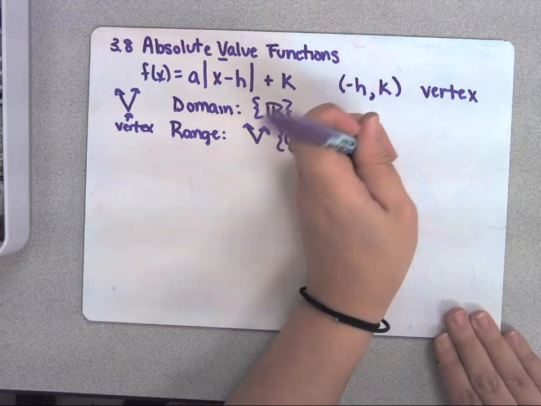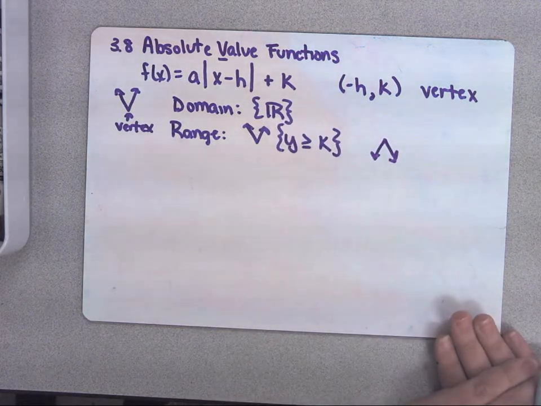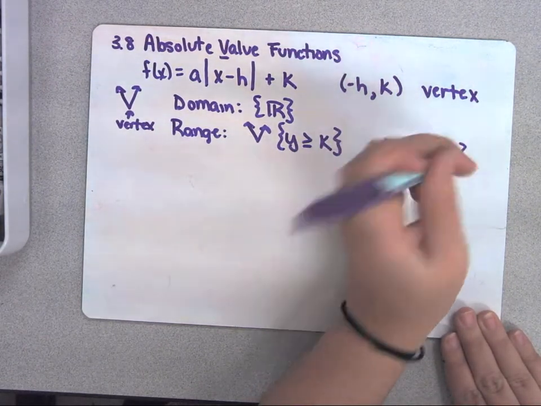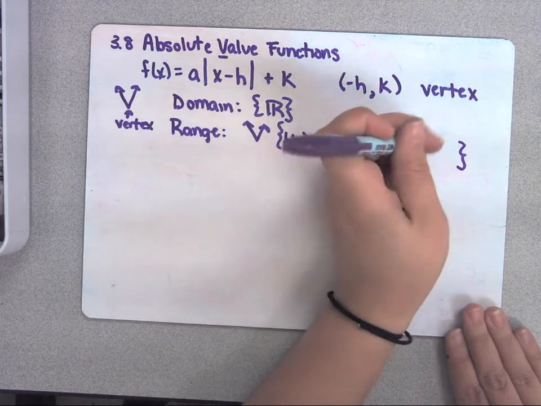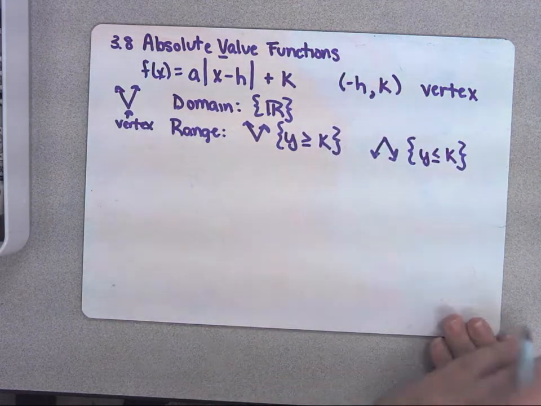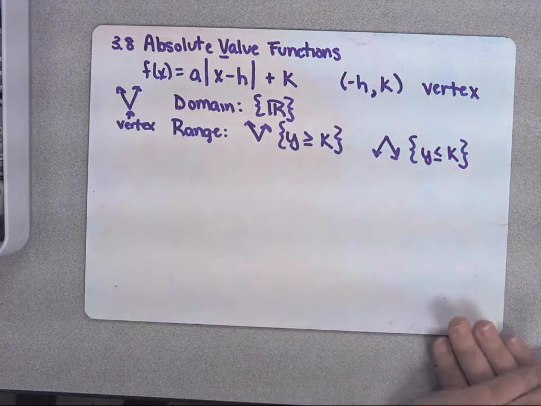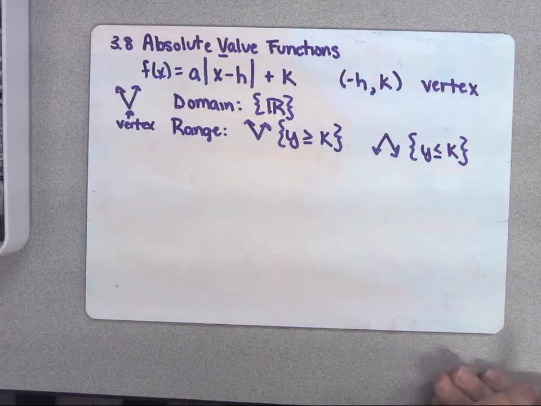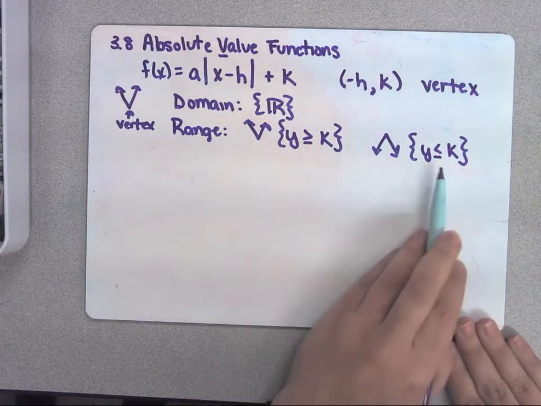And if your picture is facing down, so it's a sad V, what do you think your range is going to be? Nope. Y is less than or equal to whatever k is because it starts at that point and goes down. So the only thing that changes is the inequality sign. It's either greater than that or less than that. So that's the only two options.